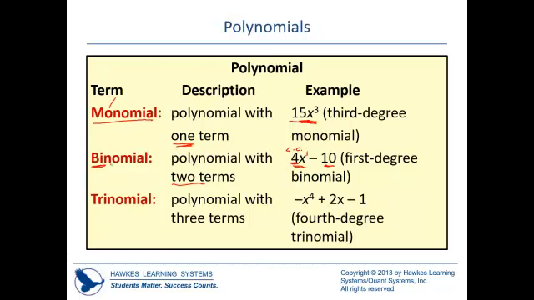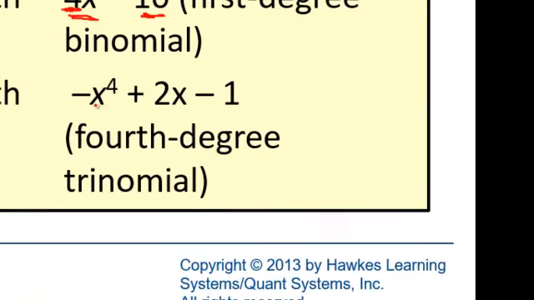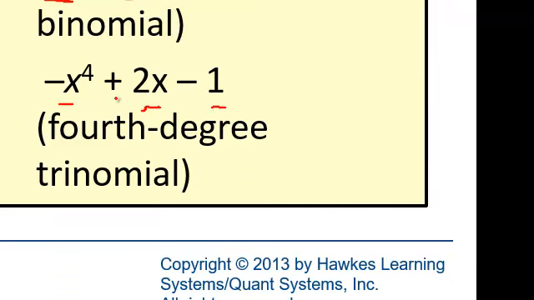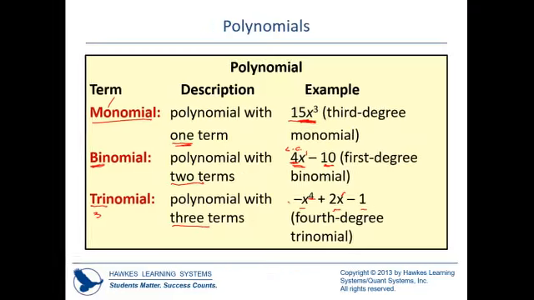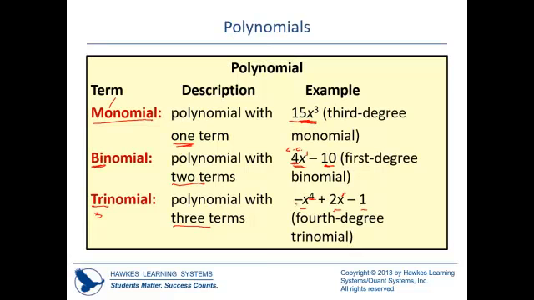And if we can have binomials, we can sure have trinomials. Tri means 3. And so, obviously, a polynomial with 3 terms. Here's one right here. See the 3 terms, the 3 little monomials. Now, see here we've got x to the 4th and x to the 1st. Since my exponent raised to the 4th power is the largest one right here, this would be a 4th degree trinomial because there are 3 monomials there.